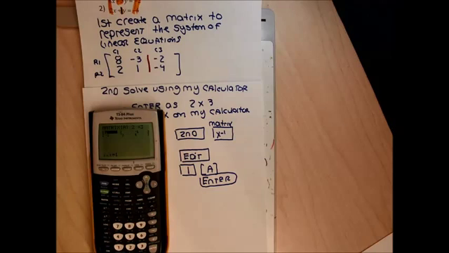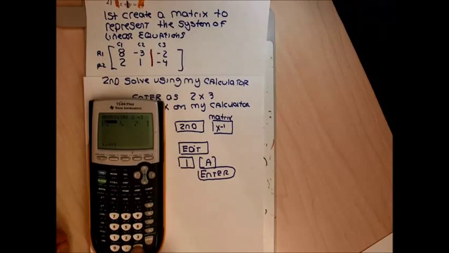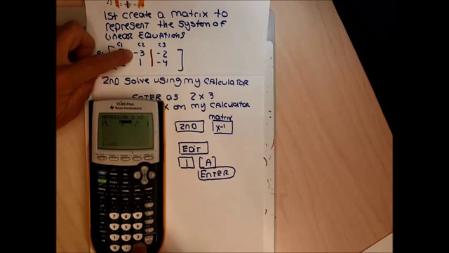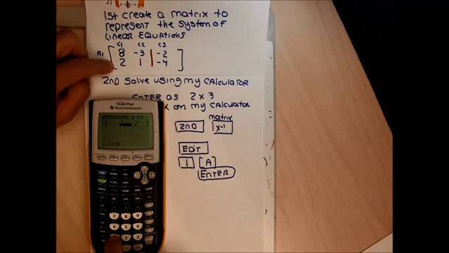When I use a negative, it's the negative in the bottom row of my calculator as opposed to the minus sign. So now I'm just going to go 8, enter, -3, enter, -2, enter, 2, enter, 1, enter, -4, enter.